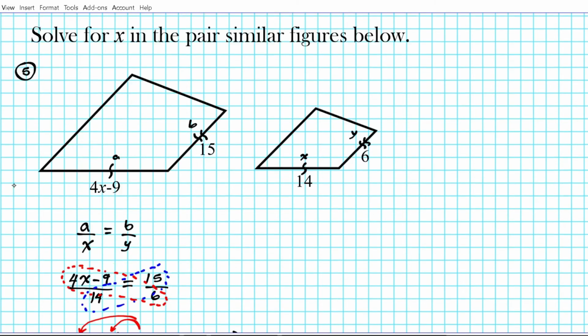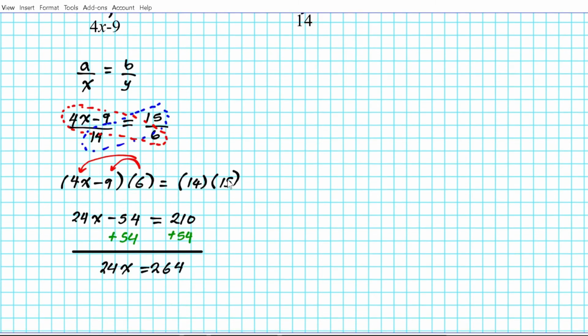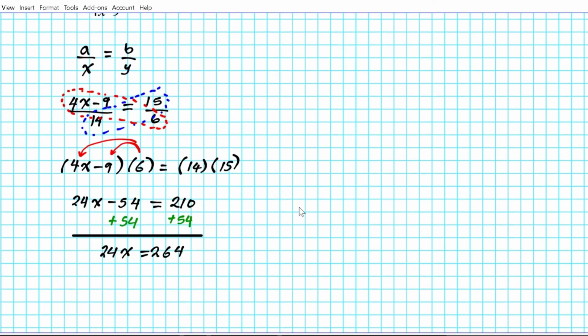To finish this off, we're just simply going to divide both sides of our equation by the coefficient of x, which is 24. So divide by 24, divide by 24, and your answer, x, is going to be equal to 11. All right? So that's the solution to question number 5.